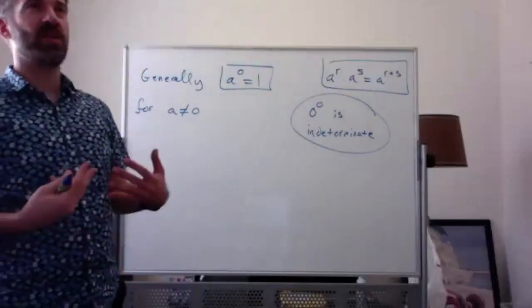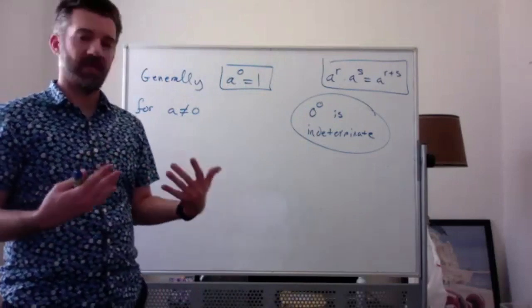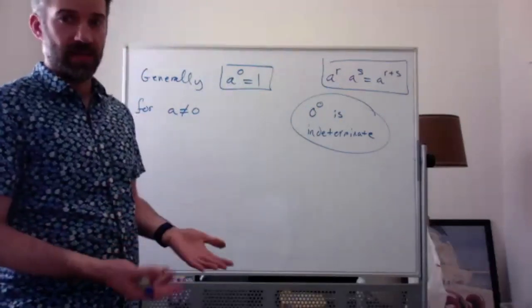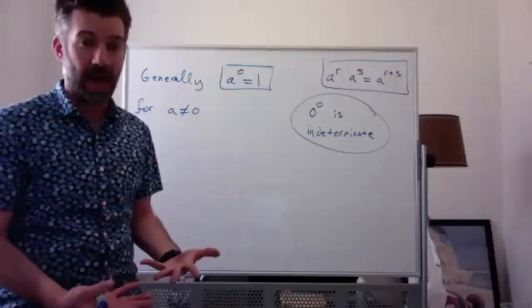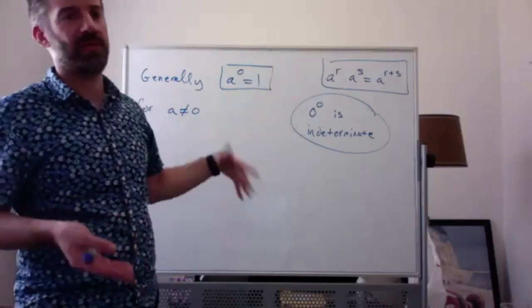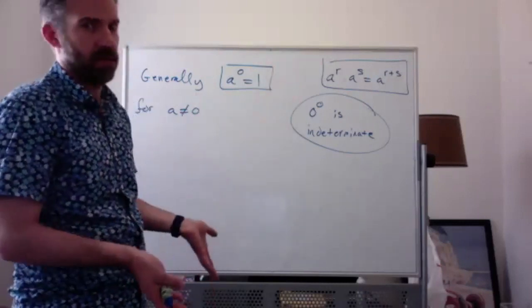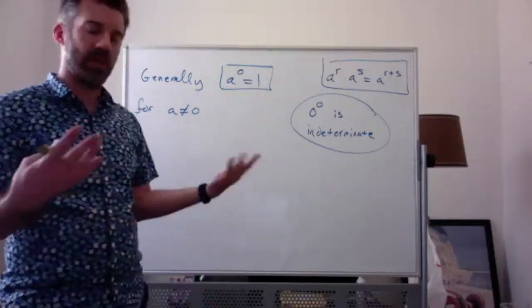And indeterminate is actually kind of less specific than undefined in that it means, depending on what kind of expression you have, it can actually kind of take on any value. So 0 to the 0 is something that can end up being anything, and we don't know what specifically it ever is. So it's indeterminate, more generally undefined.